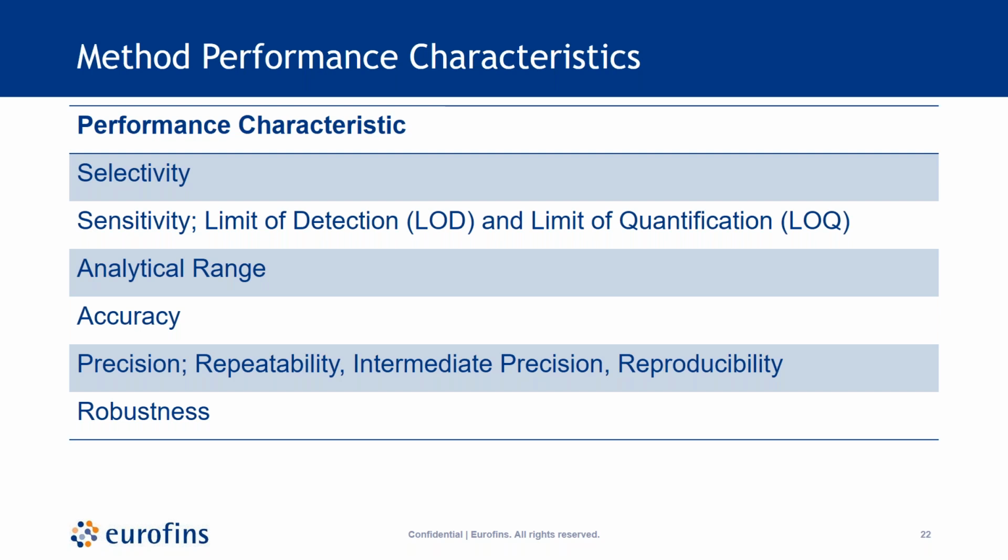When you're validating a completely new method, it may involve really pushing the limits of your mobile phases and other conditions that may come up at some point during the analysis in the future, and you want to make sure you address those items.